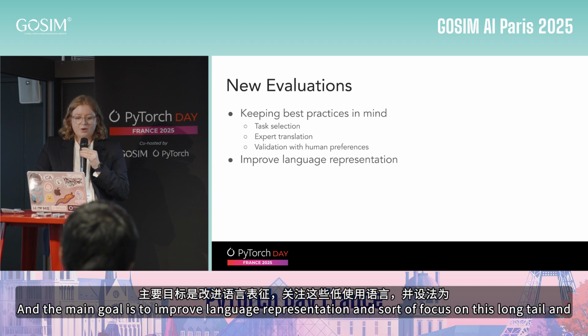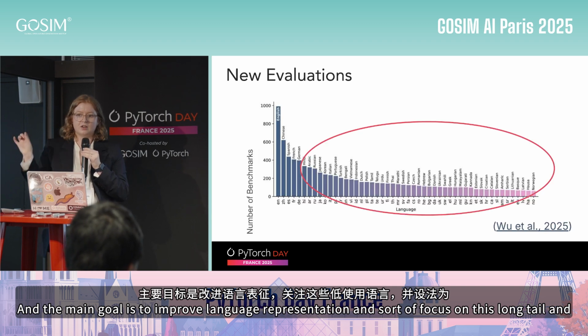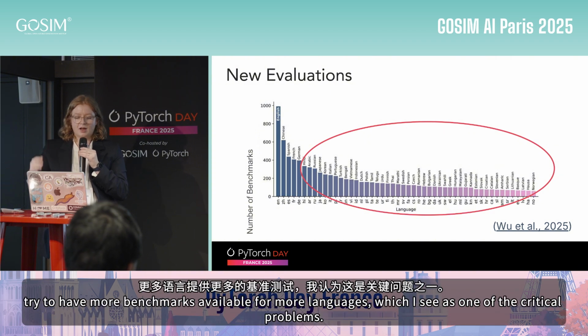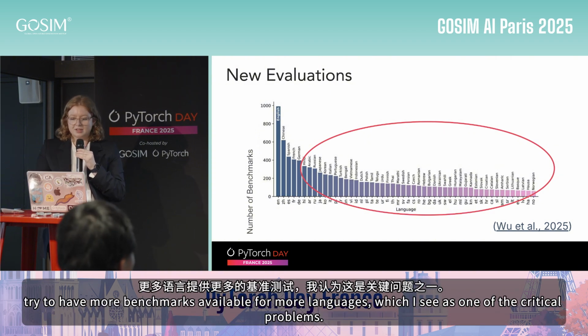The main goal is to improve language representation and focus on this long tail, and have more benchmarks available for more languages, which I see as one of the critical problems.